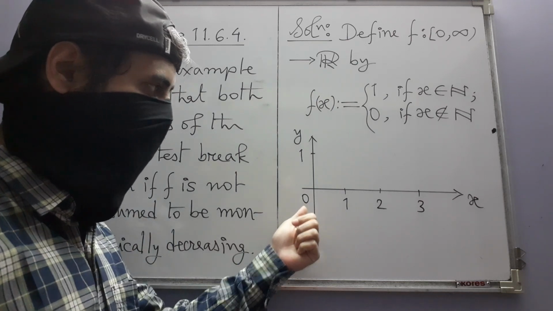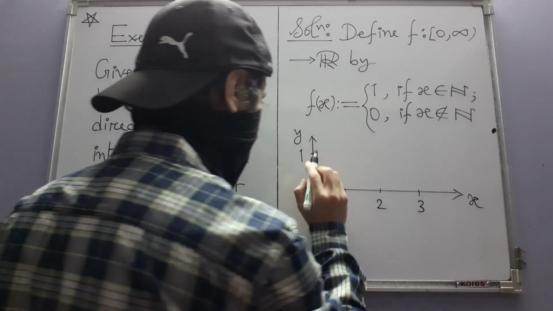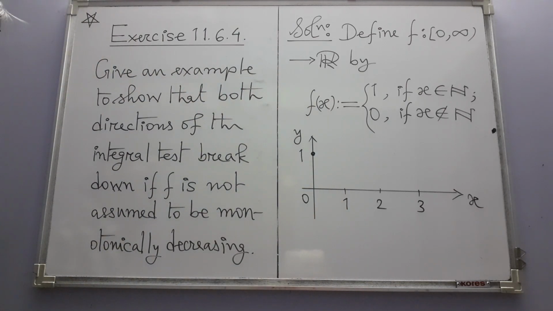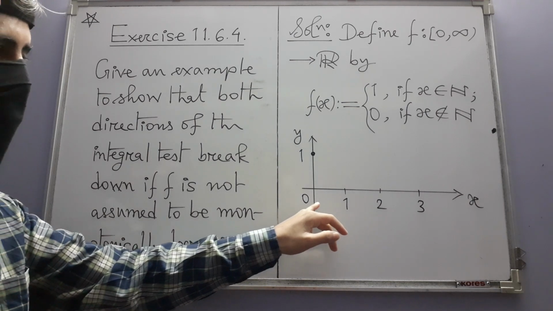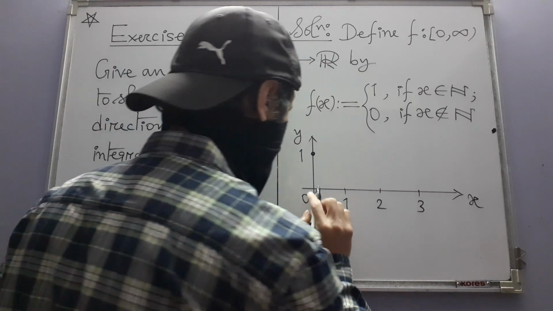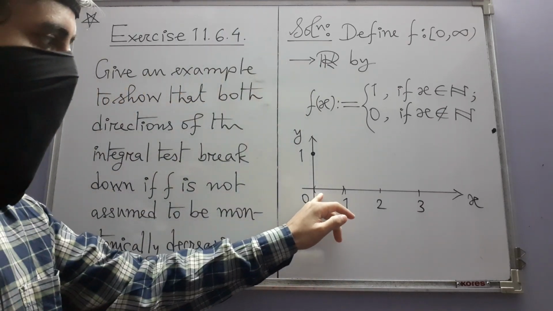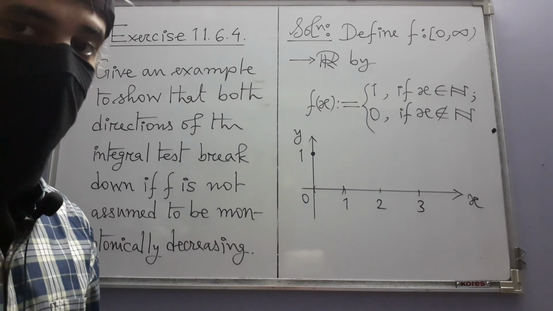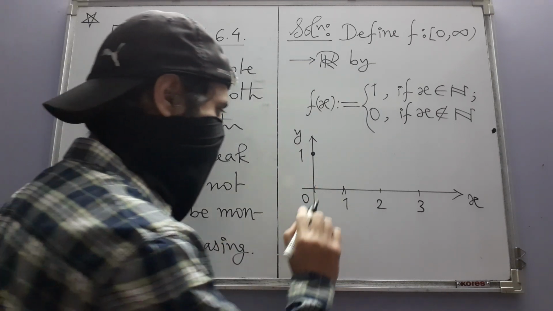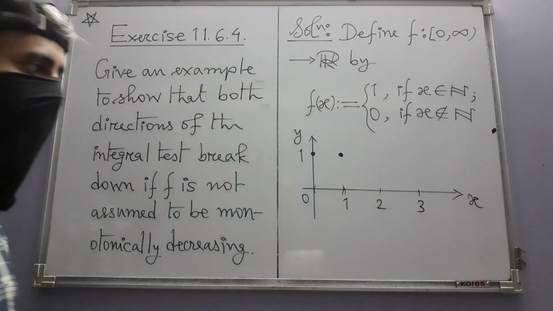Because we considered 0 to be a natural number, at 0 the function has value 1. After that, as you move towards 1, until you reach 1, the function has this line segment on the x-axis without its endpoints, 0 and 1. The moment you reach 1, the function again has value 1.